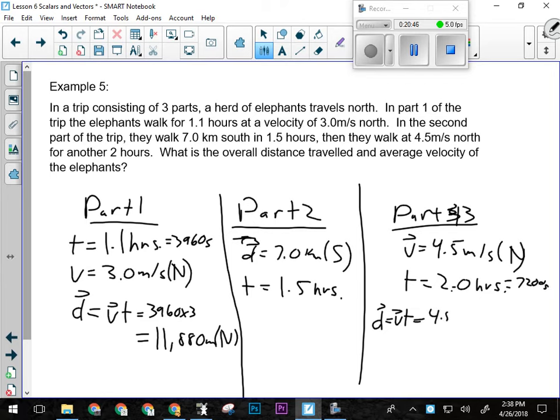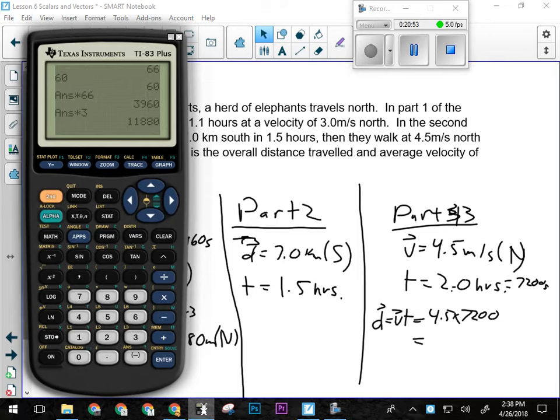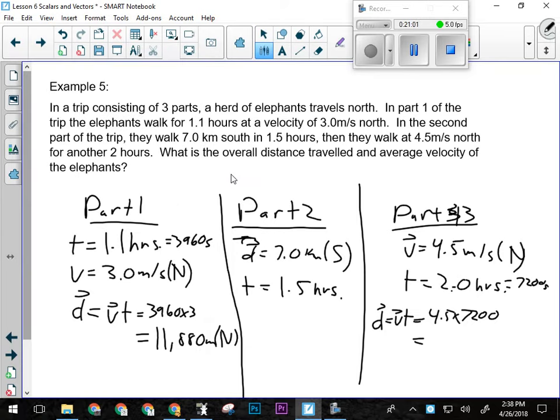So 4.5 times 7,200 will give me my displacement in meters. So they go 32,400 meters, and that's north because that's the direction they were going.